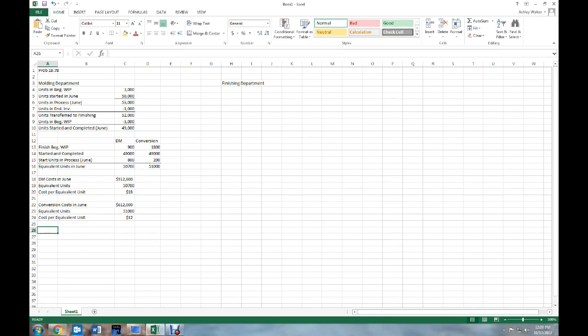Oh, actually, we need to do one more piece here. We need to prepare the summary journal entry required to transfer units from molding to the finishing department. So we did a similar thing in class, so we need to know what our costs were. This is the whole need for doing this whole exercise. So we're going to transfer how many units?